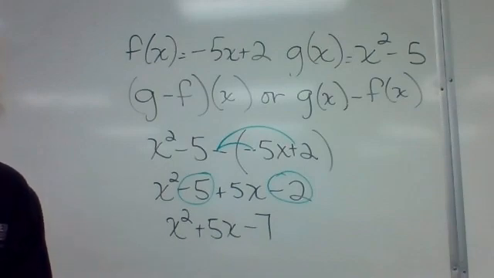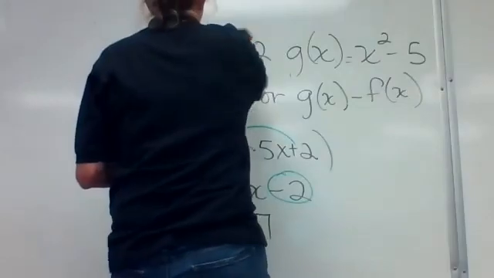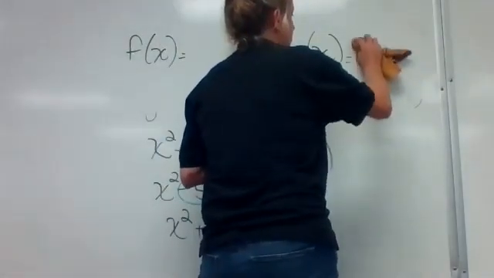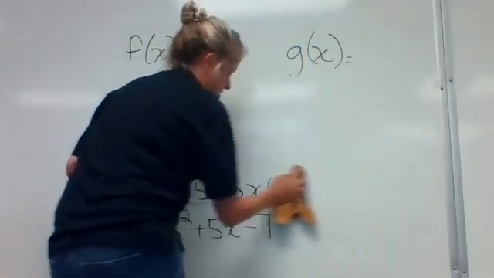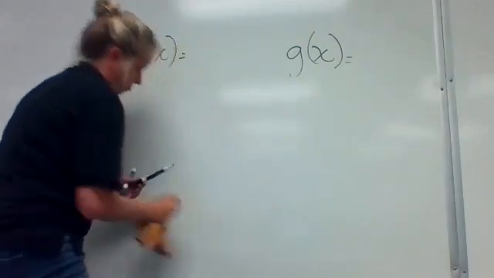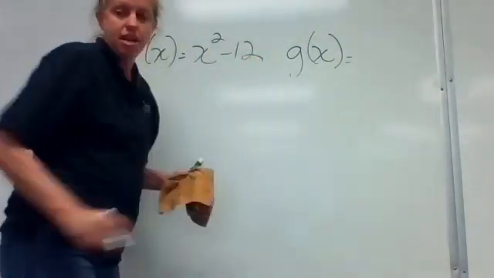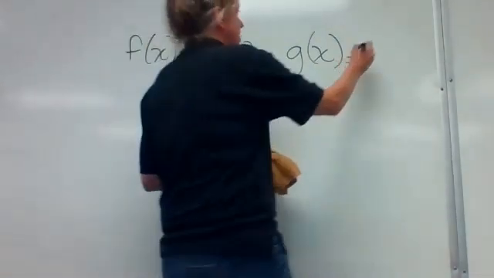Number 11. F of x is x squared minus 12. And g of x is 12 minus x.